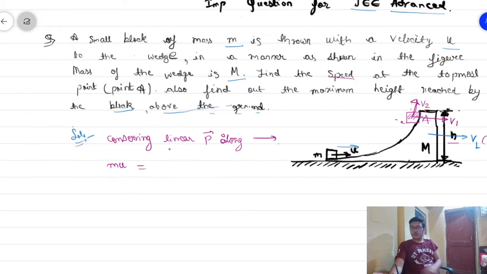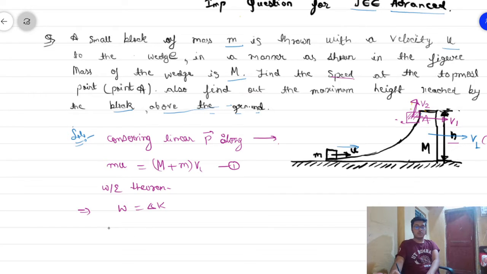So we are conserving the linear momentum along the horizontal direction, and we'll get mu equals (M plus m) v1, equation 1. Now from the work energy theorem, total work done equals the change in kinetic energy.